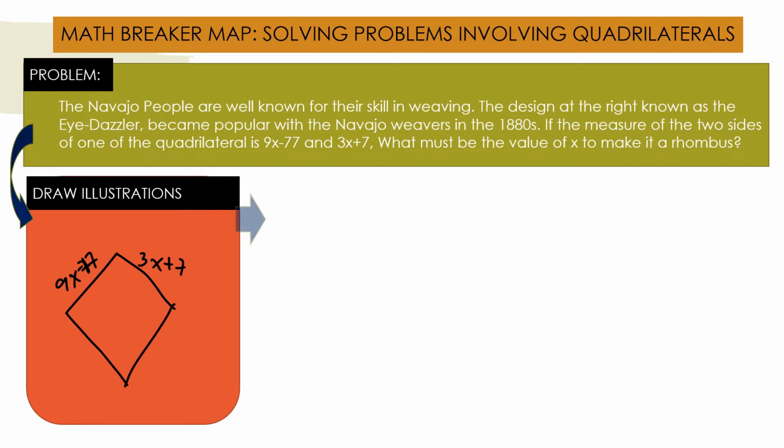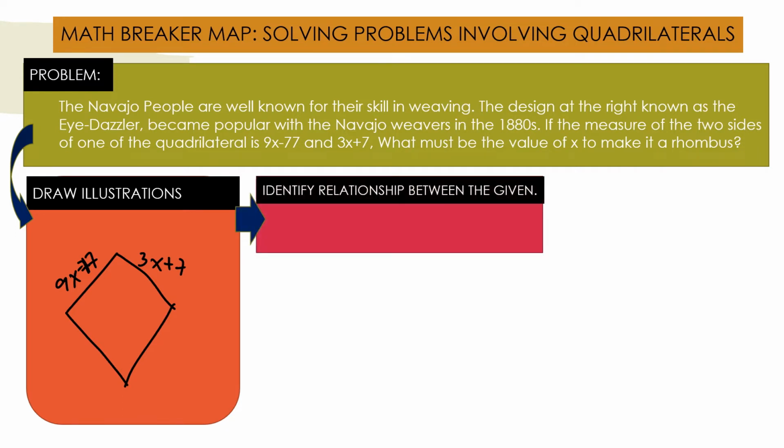Since this is a rhombus, let us identify a relationship between the given. One of the properties of a rhombus is that it is a parallelogram with all the sides congruent. Therefore, we can say that all the sides are equal. So, if we name A, B, C, D as the name of the rhombus, we can say that AB is equal to BC.